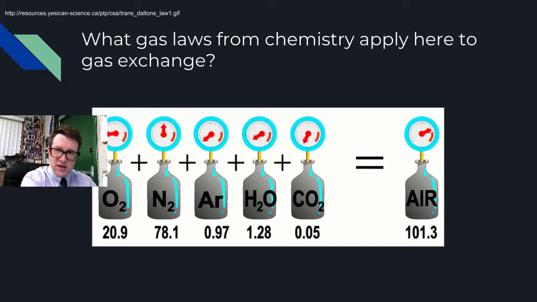Dalton's Law says, effectively, if you know the percent composition of a gas mixture, like the air is about 20% oxygen, and I know the pressure of the air, which in this particular case is 101.3 torr, which is a unit of pressure. It's like saying 1 atmosphere or 760 millimeters of mercury or 30 inches of mercury.